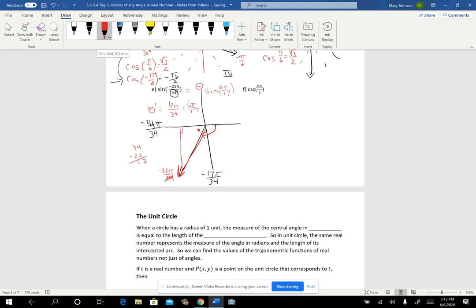But we can't actually calculate the sine of 6 pi over 17. It's not an angle in a special right triangle, so we can't do that without a calculator. It was probably a typo, and I probably meant for that to be a 4, but that's what you would have seen on your guided notes. So that's really as far as I can go on that one.